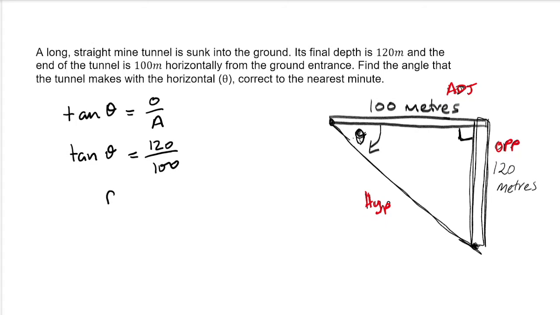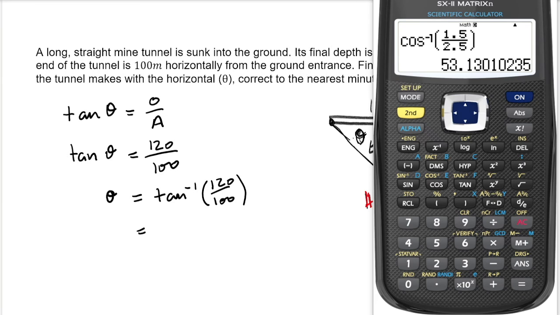So we go theta equals the inverse of tan 120 over 100. Hit the equals, and now we chuck it into our calculator. So we go second function tan to bring up our inverse of tan, 120 over 100.